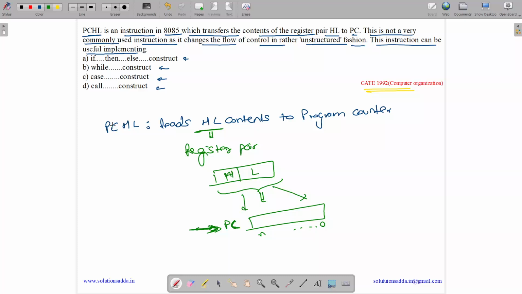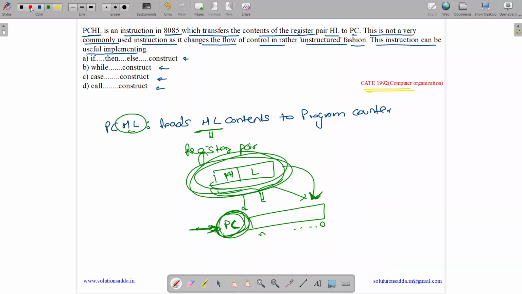So what do we get by this? Basically we have the H and L registers. We load their value into the program counter, which means H and L will have a memory address. We load it into the program counter, and the program counter stores the address of the next instruction to be executed, which means the next instruction to be executed will be indicated by HL. Thus, this PCHL is used for unconditional branch.